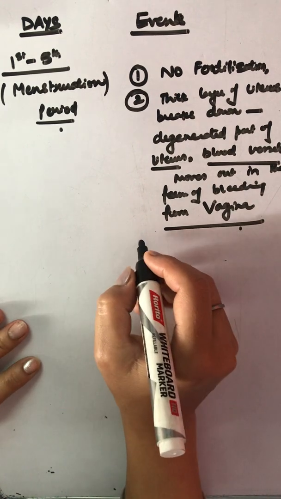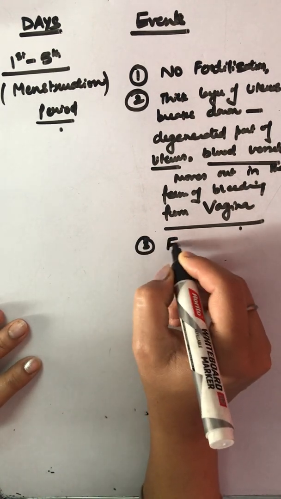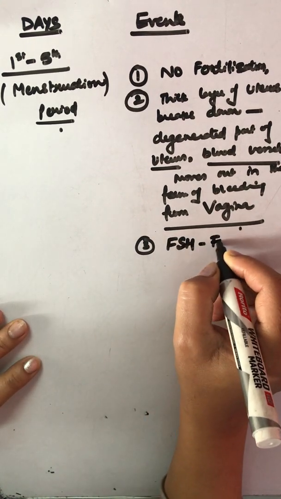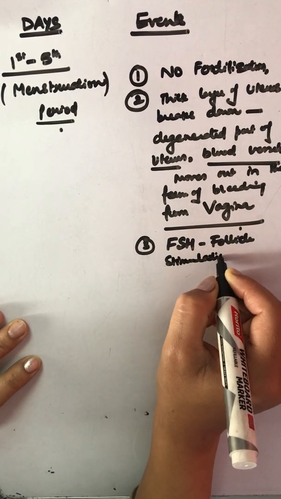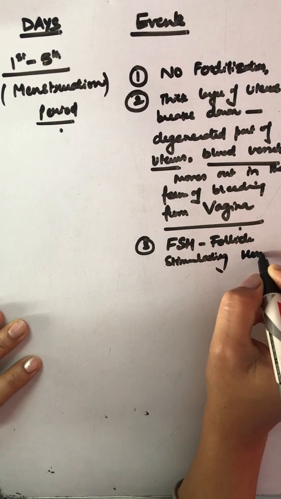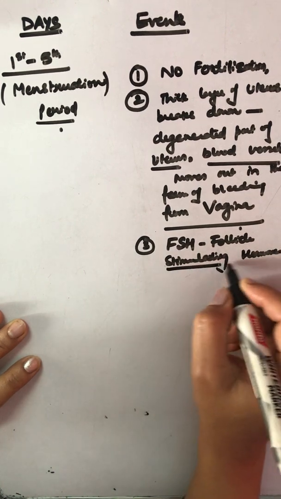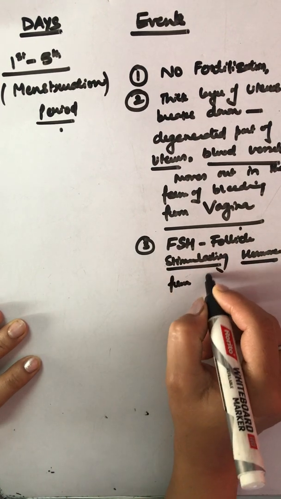Clear? Then FSH. Remember what is FSH? Follicle stimulating hormone. From where does it get secreted? From pituitary.